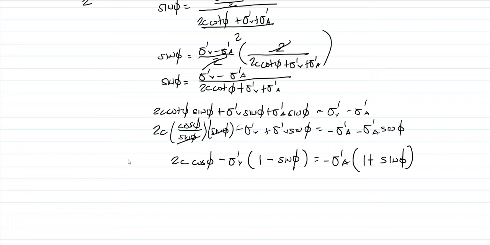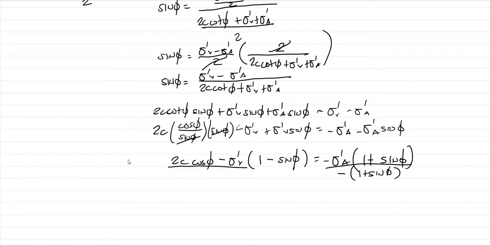Ito na ngayon yung gagamitin natin for our value. So, syempre, ang kailangan nating hanapin dyan, yung lateral earth pressure na active. So, kailangan natin magkaroon ng sigma prime A. So, we will divide both sides by negative 1 plus sine of phi.